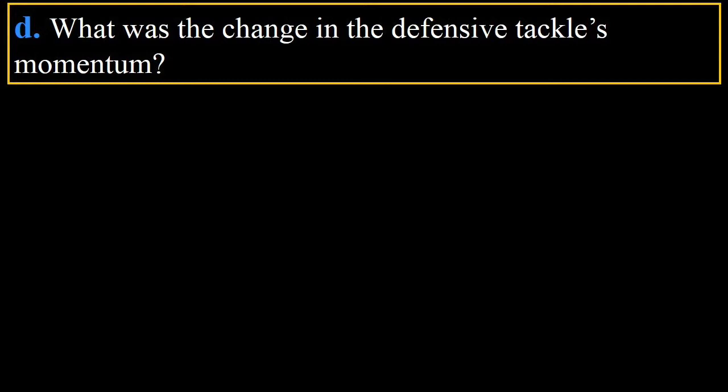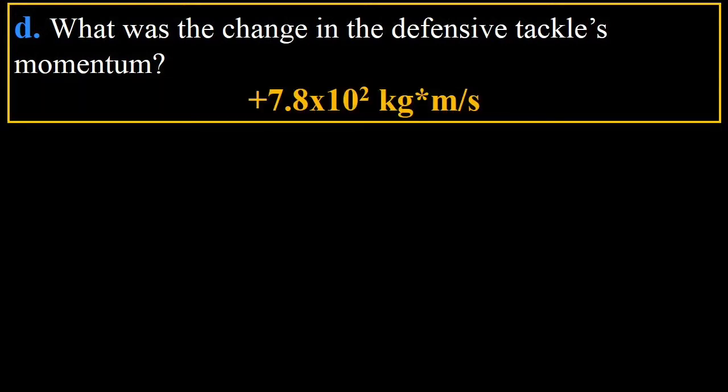Now, what was the change in the defensive tackle's momentum? Well, it's got to be the opposite. It's going to be positive. Now, a note about why it's positive, and this is crucial. It's going to be positive because it's got to be equal and opposite to the fullback.